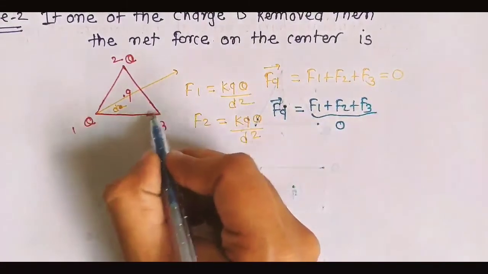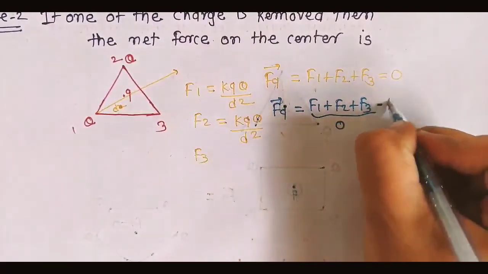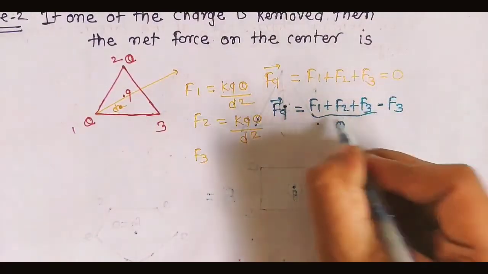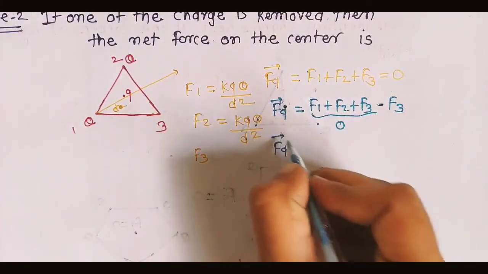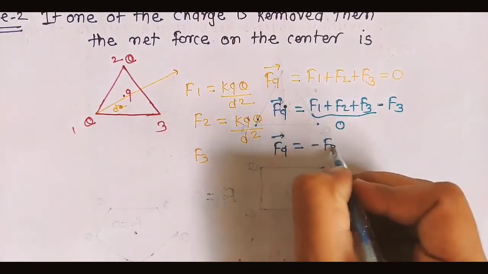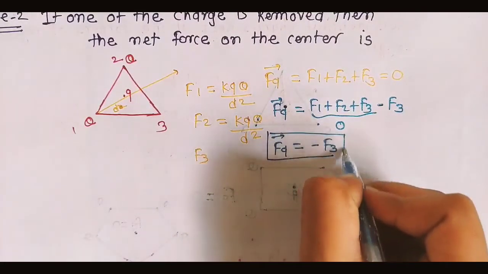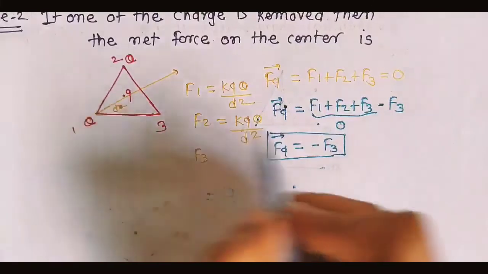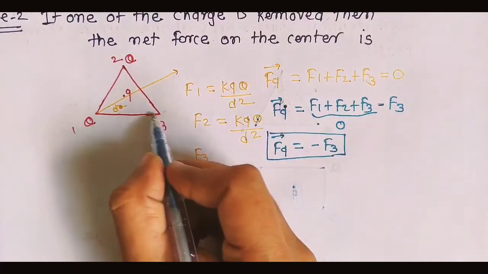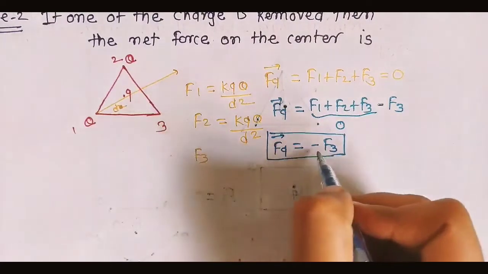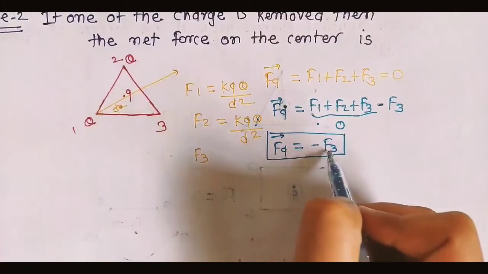But here we remove this third charge, so we can write it as minus F3, and we know the sum is 0, so Fq is equal to minus F3. So we can say that the net force on the center is equal in magnitude to the force due to the removed charge, but the direction is opposite, so it has a negative sign. So this is minus F3.